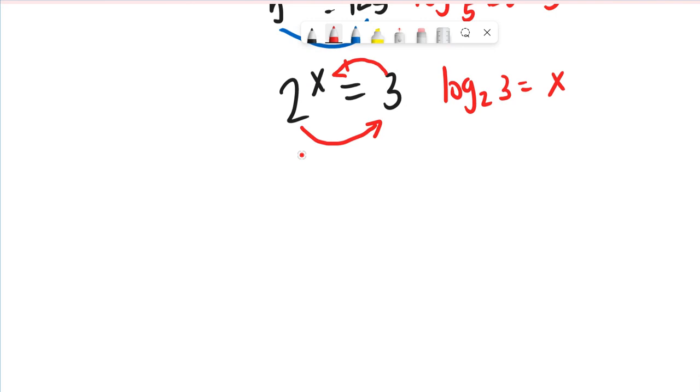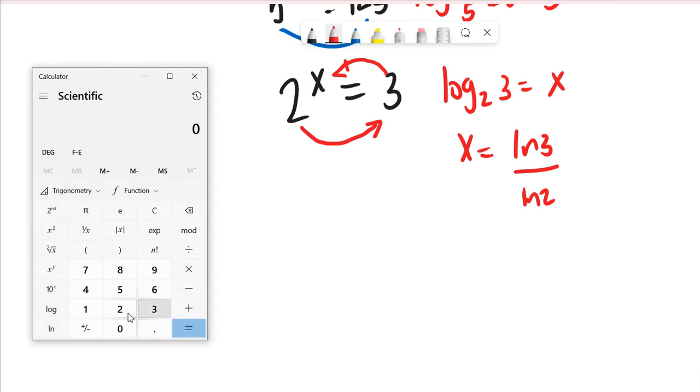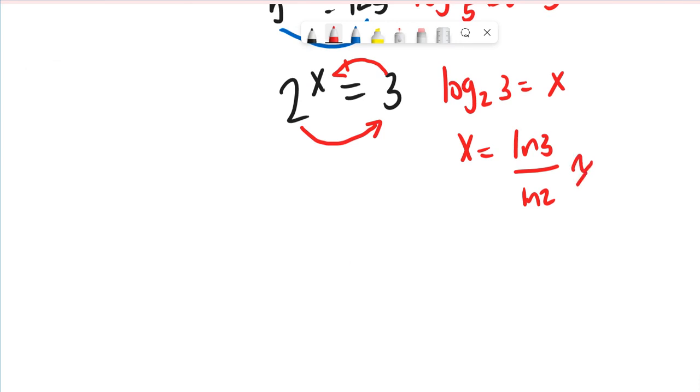But how do you solve the equation? You rewrite it as ln of 3 over ln of 2. What's the answer? Okay, let's see. 1.585.